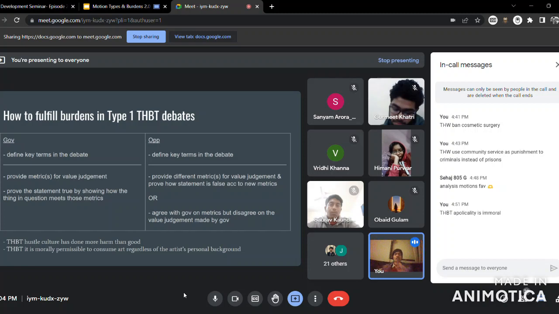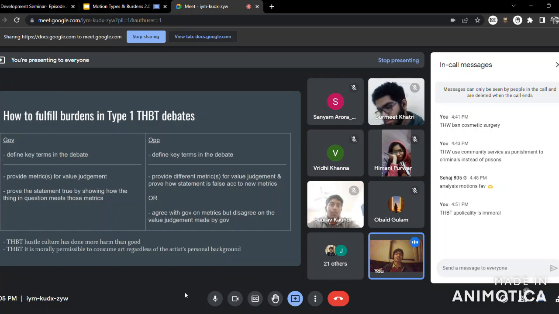This is something that the opposition can say. What they do here is they challenge the way that Gov is judging whether something is moral or immoral. They provide a different way as to कि नहीं, this is not the only way you should look at immorality. We think you should look at this thing as well. And according to this other metric, we think this action of apoliticality is moral. It's not immoral. So this is one thing that you can do.